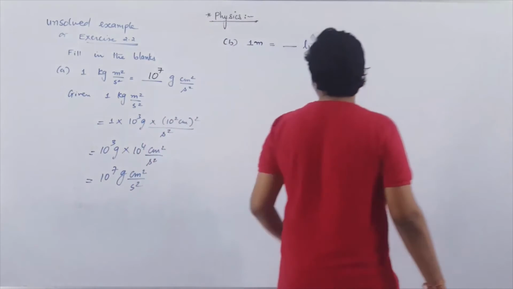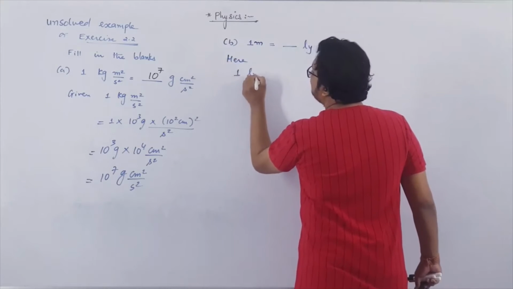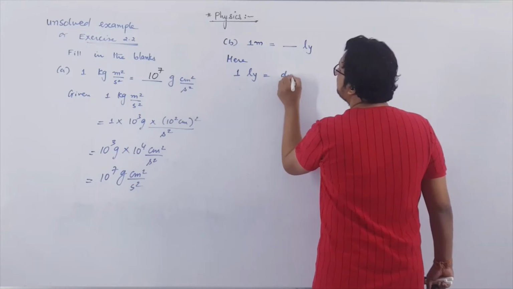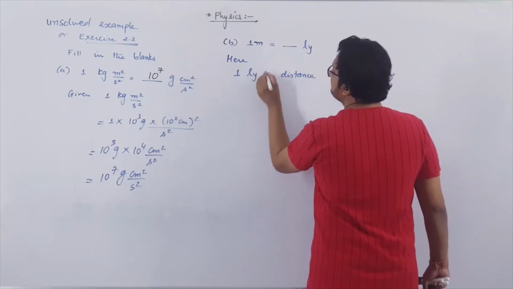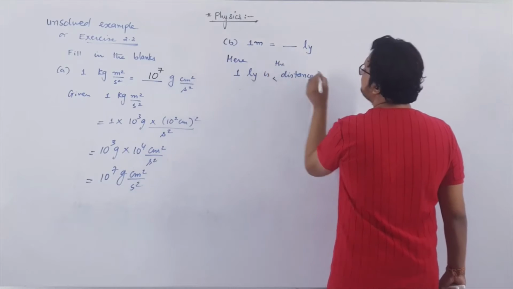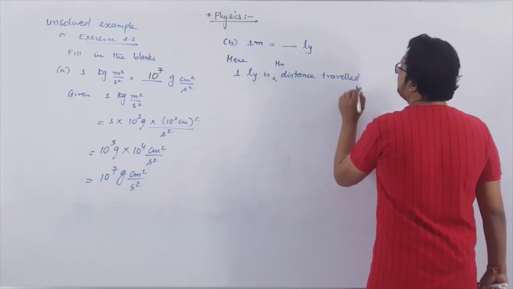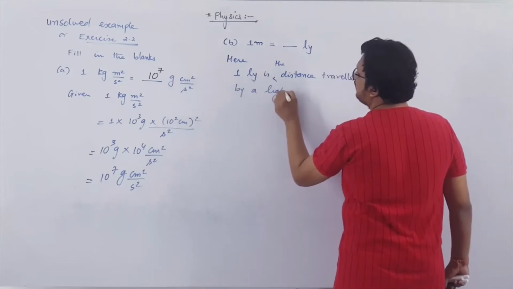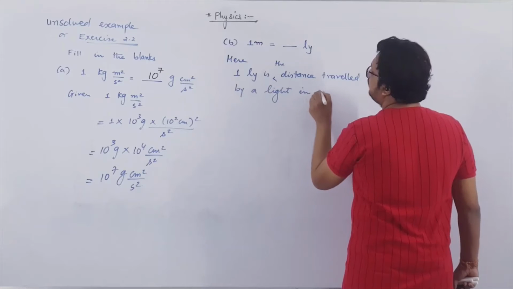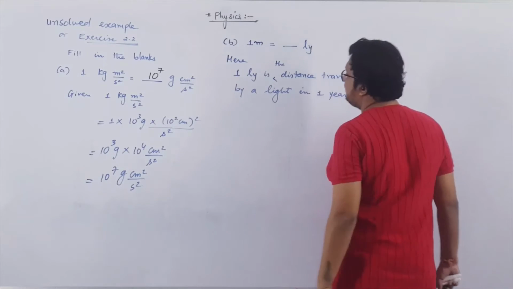Right? So here 1 light year is the distance traveled by light in 1 year, or the total distance covered by the light in 1 year.